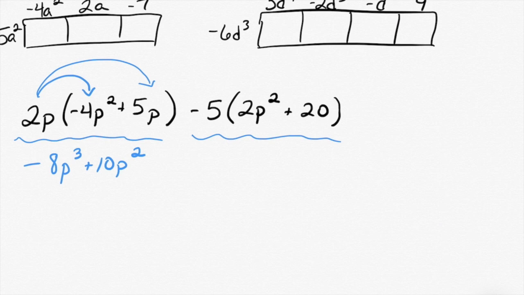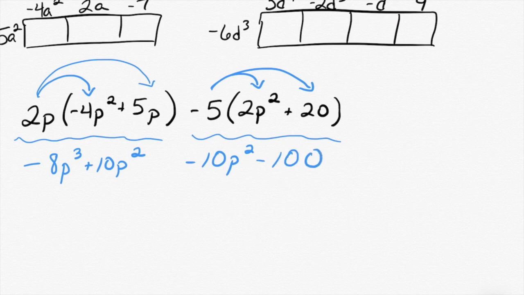Now I'm going to move on to the second one. Negative 10p to the second power, and then negative negative 100. Now, can you explain to me why I'm not done with the problem right now? Because you have to solve it. Yes, ma'am. Because you have a positive 10p squared and a minus 10p squared.